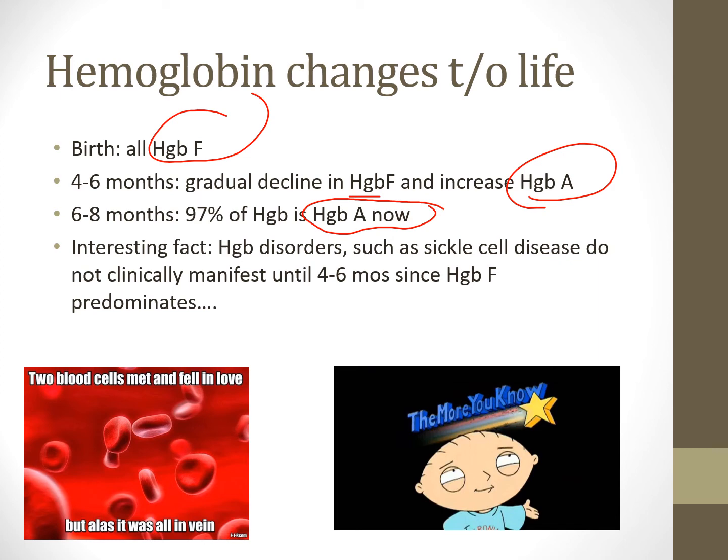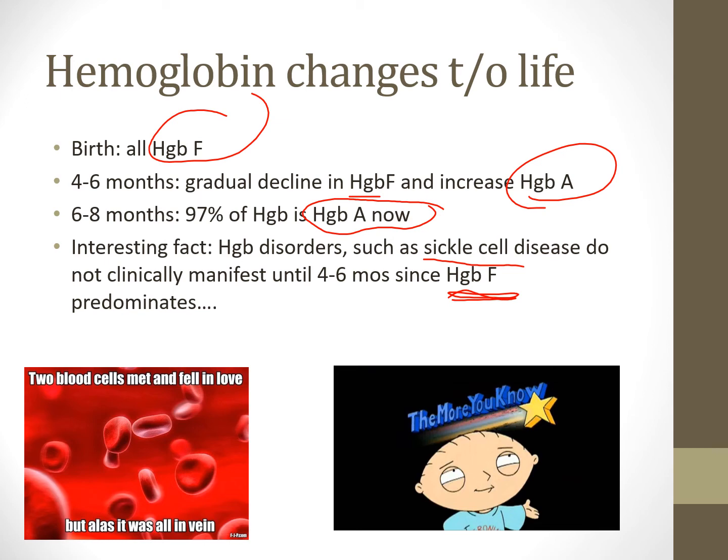So if we have a baby, and here's why I talk about this, not because it's adorable, although it is, it's also important when we're looking at things like sickle cell disease. Sickle cell disease usually won't show up until a kid is at least 4 to 6 months of age, because before that they'll have mostly fetal hemoglobin that works really well. Remember, it's very efficient at carrying oxygen.